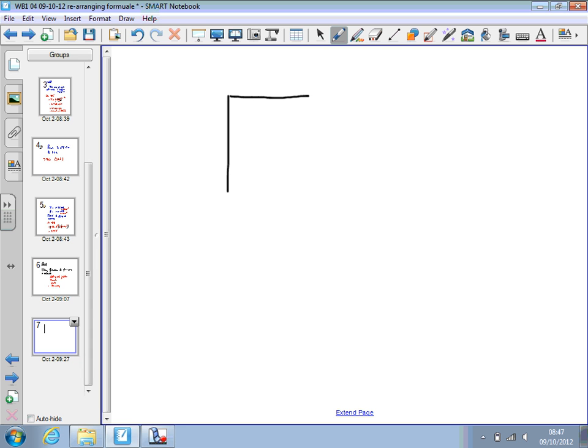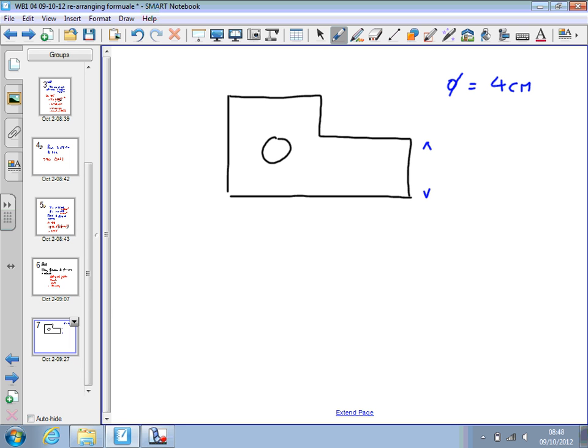Let's say we're going to find the surface area of a shape like that. So I need some dimensions. I'm told that the diameter of the circle in the middle is 4 centimeters. This dimension is 6 centimeters.